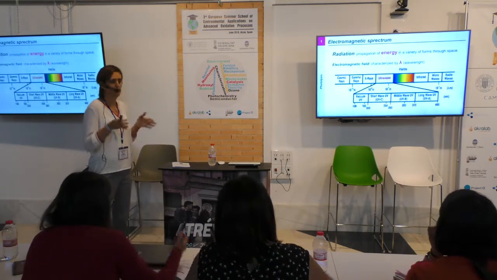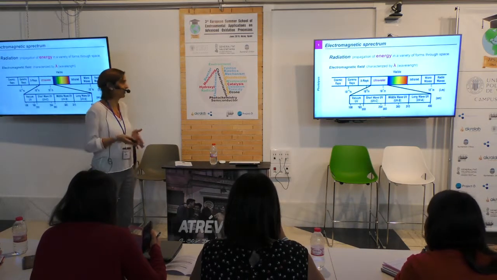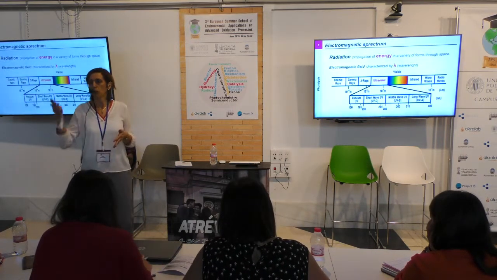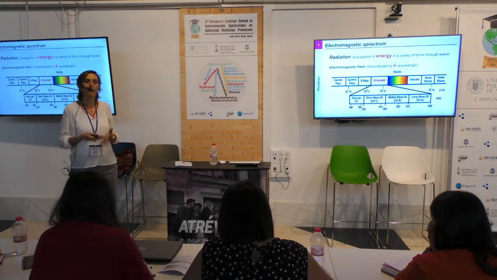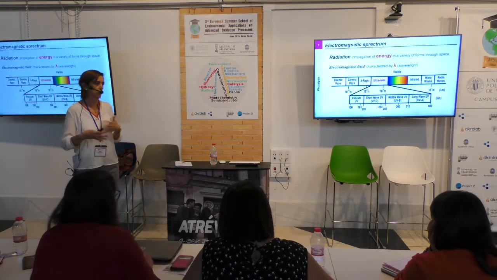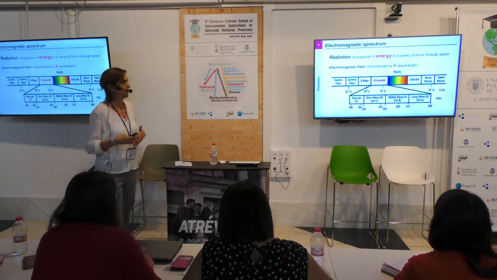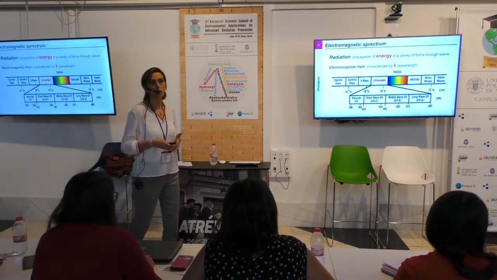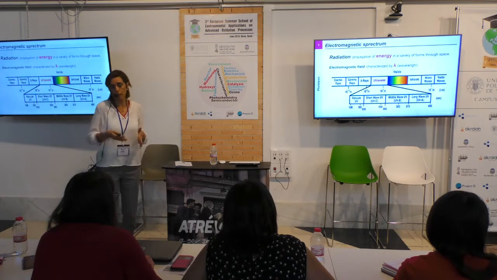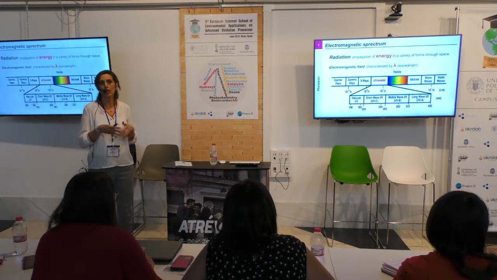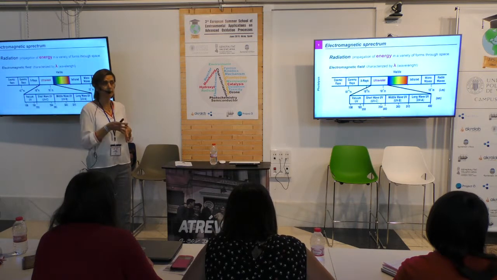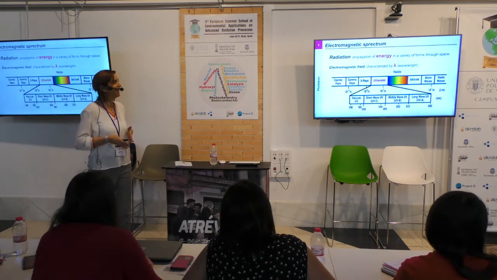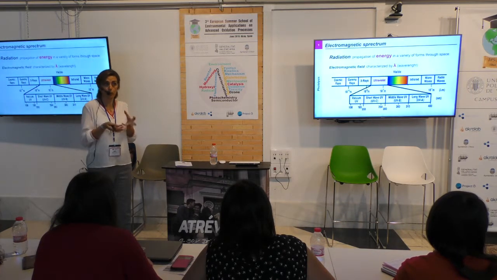I will start with the first concept that you already know about radiation. When we are supplying radiation to a media, we are supplying energy. And this energy is going to be used in chemical reactions. So it's important to review that we can consider radiation like a stream of photons that travels in a straight line at light velocity, and each photon carries a parcel of energy.